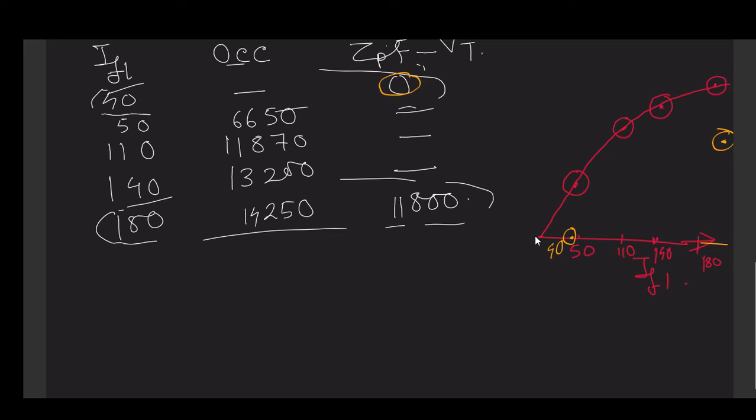One thing in our ZPF is that we always keep our current equal to the full load value of the current. So that means 40 ampere is the minimum value of field current from which our ZPF can start.